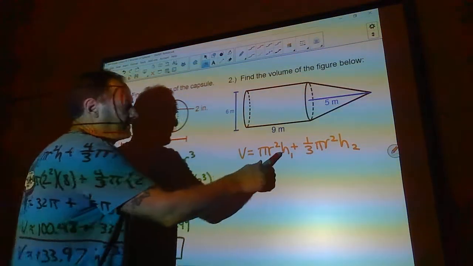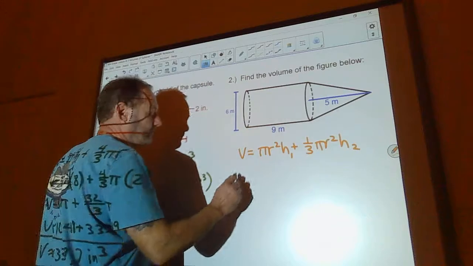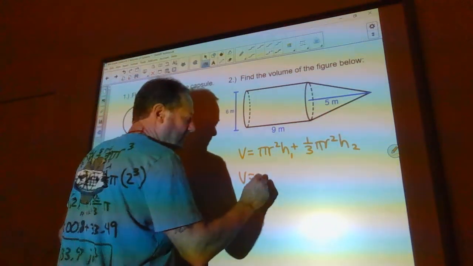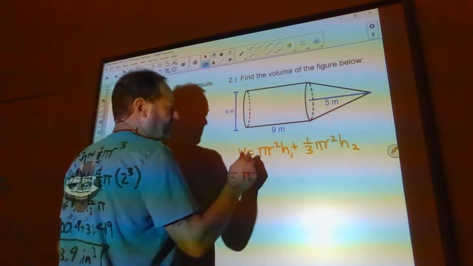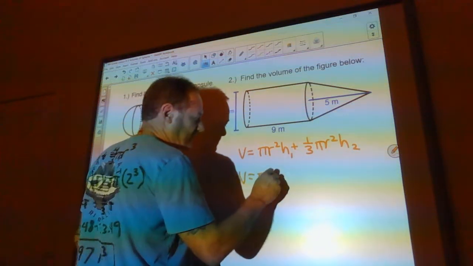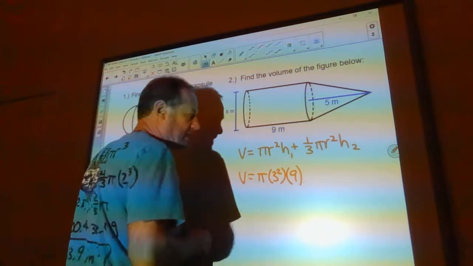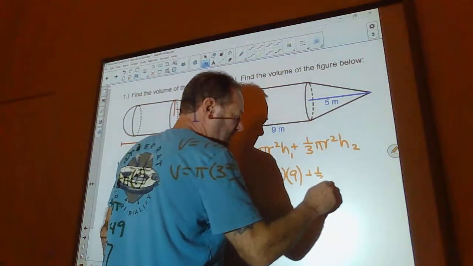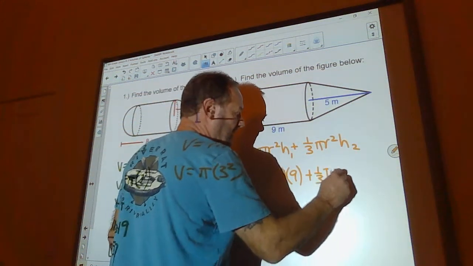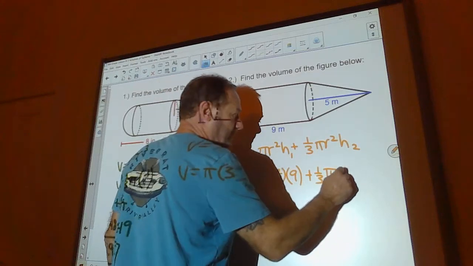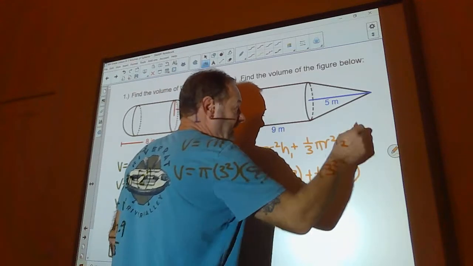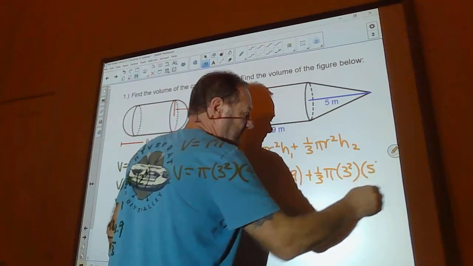This is the height of the cylinder, this is the height of the cone. Okay, so pi, the radius is going to be 3 because the diameter is 6, so this is 3 squared, times the height of the cylinder, 9, plus 1/3 pi, the radius is still 3 squared, but the height of the cone is 5.